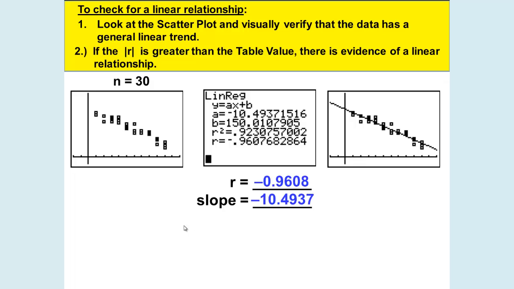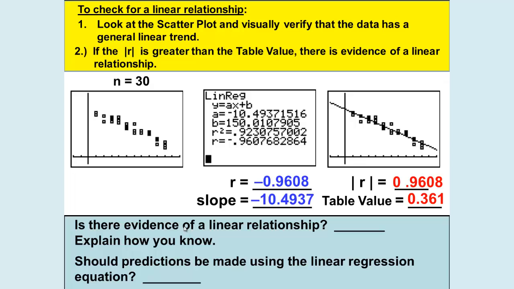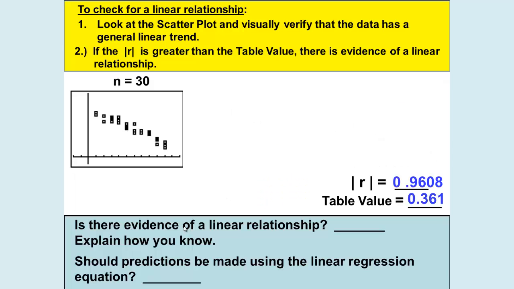To finish our second step, we need the table value from our table or chart. The absolute value of R just means that we're looking at R without its sign. So the absolute value of negative 0.9608 is 0.9608. And the table value, since there are 30 pairs, is 0.361. Is there evidence of a linear relationship? Yes. How do we know?